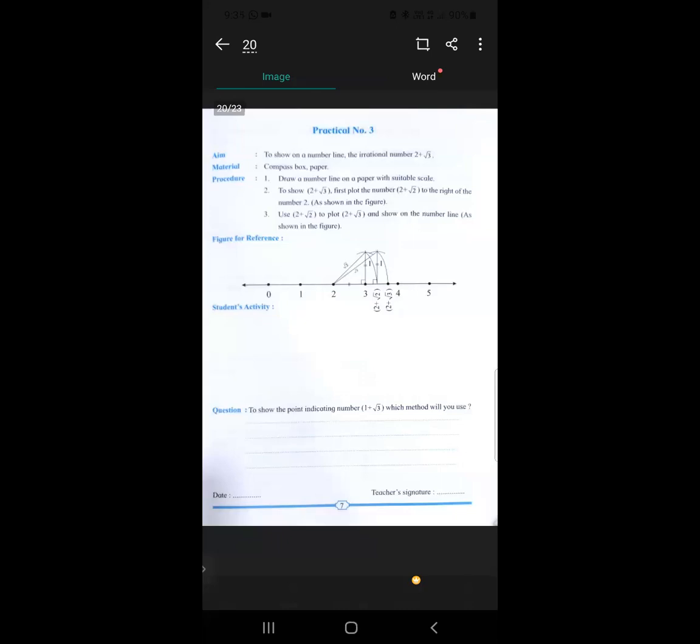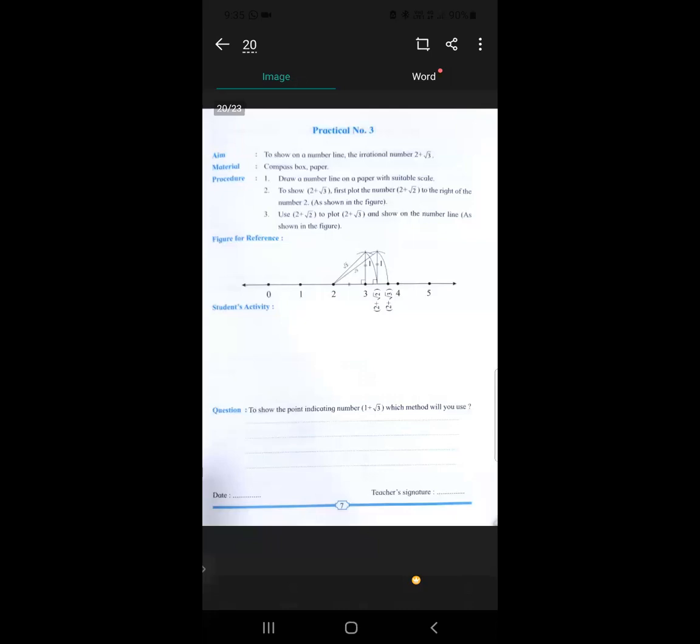The same thing you need to do. In the space provided, where the student's activity is a blank space, you need to draw the same diagram. But the difference, I will explain to you. I will not show the actual construction. I will tell you how to show it on the number line, because this type of example you have done in your practice set 2.2, that is representing the irrational numbers root 2, root 3, root 5 on the number line.